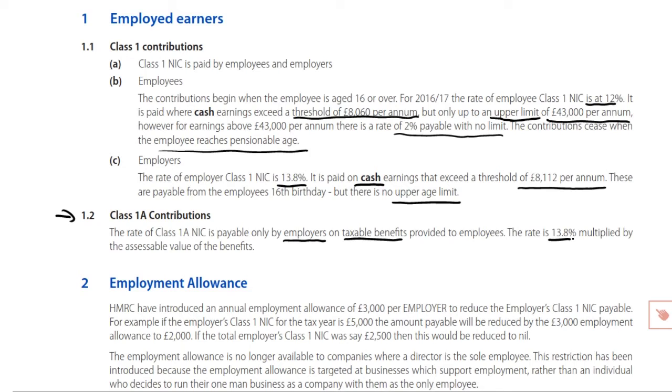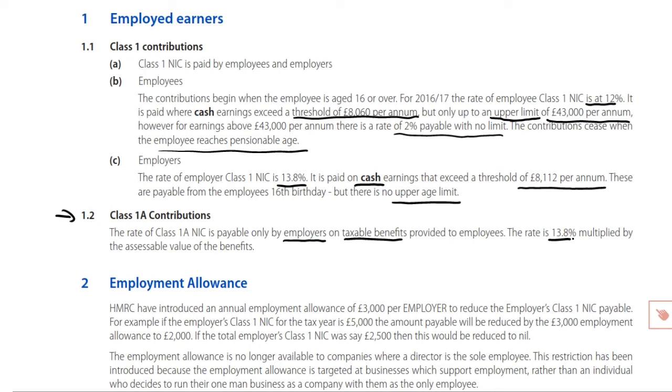So, Class 1 contributions are payable by both employee and employers. In both cases, there is a lower limit below which nothing is paid. Above that limit, but only on the excess above that limit, do we then pay at the main rate: for the employee, 12%. For the employer, there is a single rate of 13.8% that will apply on everything above £8,112.